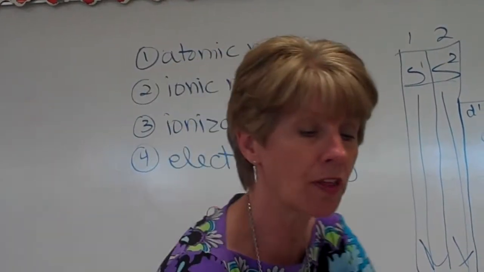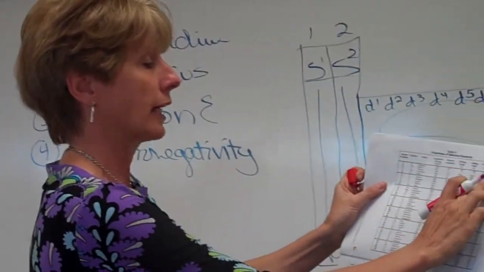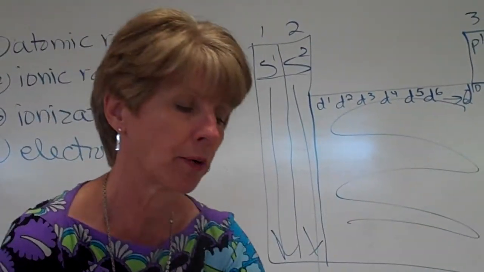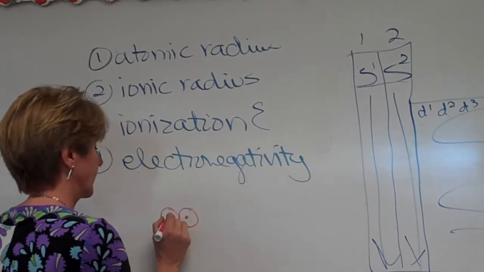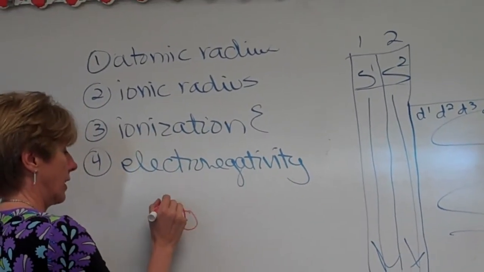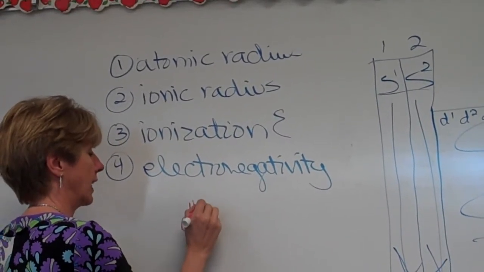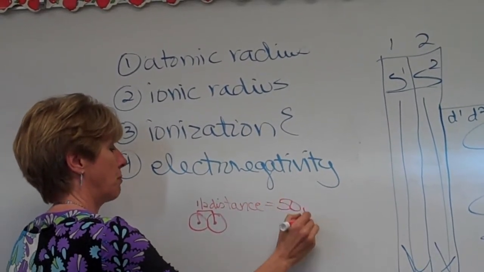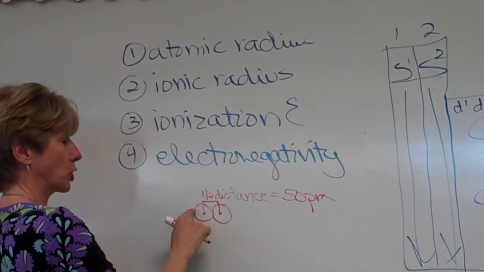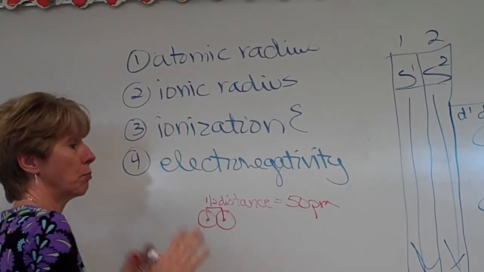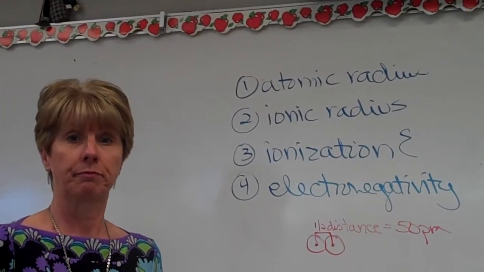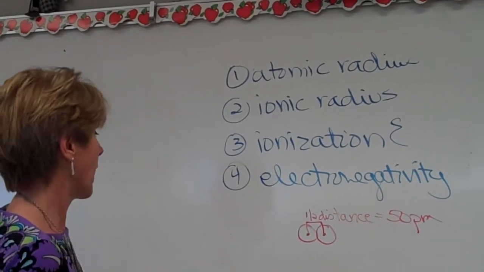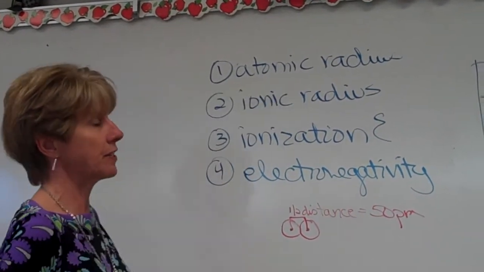If I look that up on table S, it says it's 50 picometers. That means half the distance is equal to 50 picometers. That means the total distance would be 100. Okay? So that's the definition.